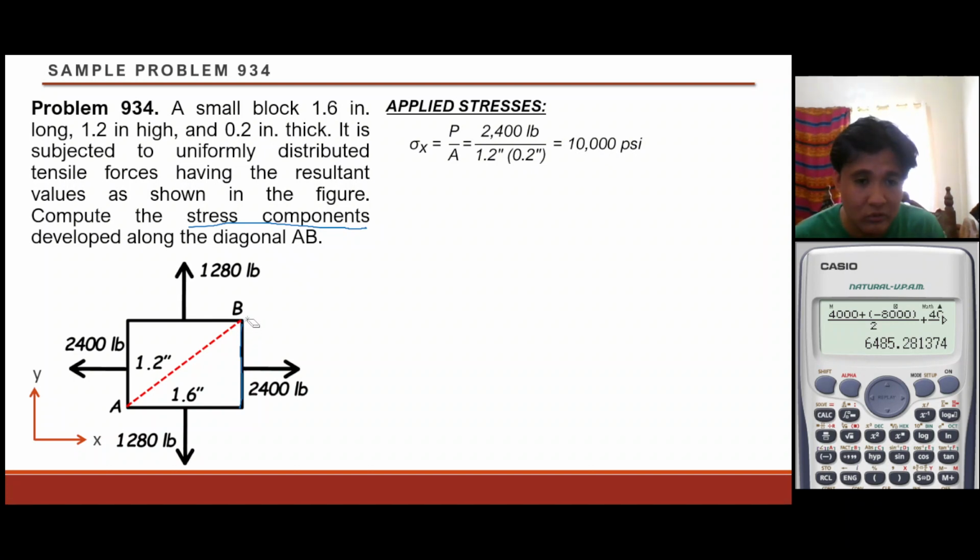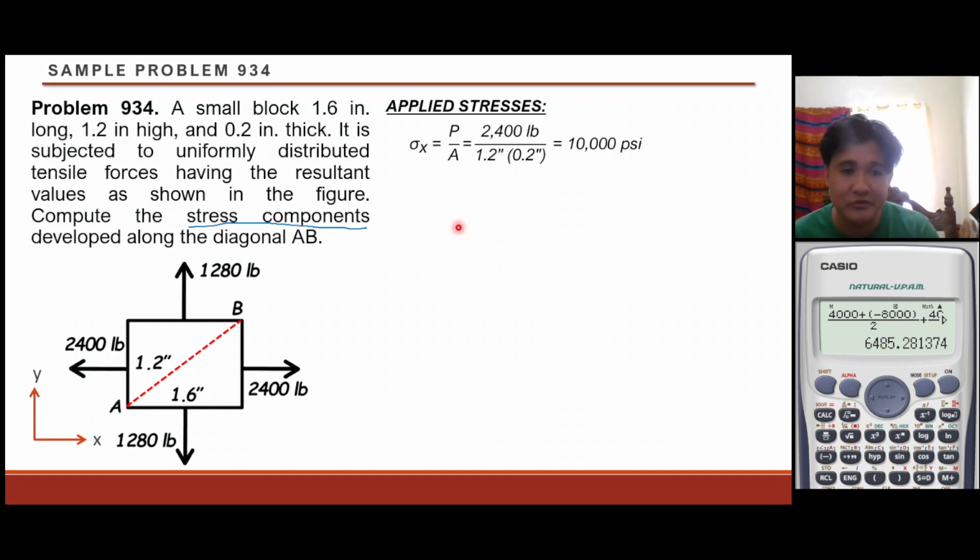That would be the area supporting our 2,400 pounds load. So our area is 1.2 inches times the thickness of 0.2 inches. Okay? That gives us 10,000 pounds per square inch, which is our stress along the X direction.